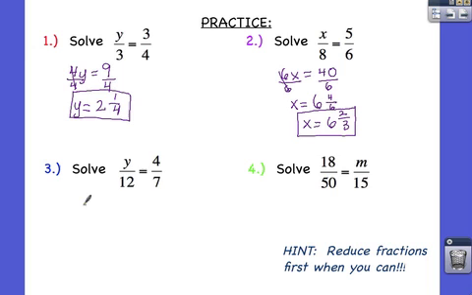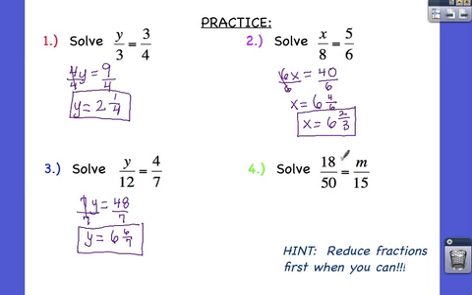Number 3, we have 7y equals 48. Divide by 7. 7 goes into 48 6 times, which gives us 42, and therefore there are 6 left over out of the 7. So we get y equals 6 6/7.